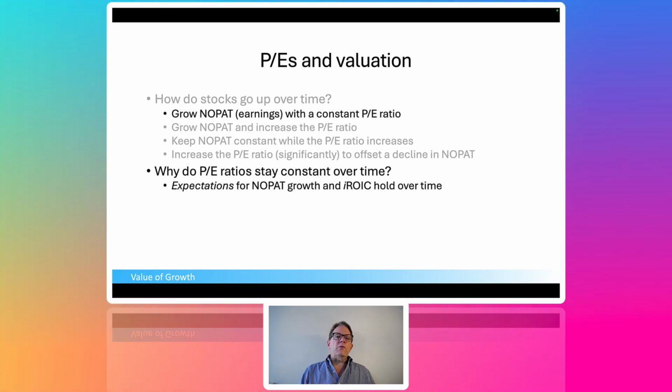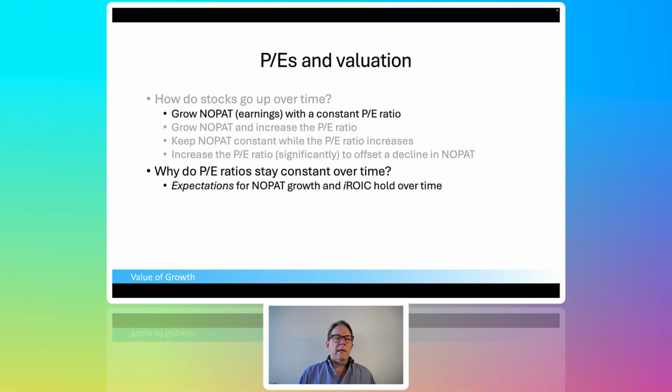All right, so the first one we talked about is grow NOPAT earnings with a constant PE. So it, I hope, begs the question, why do PE ratios stay constant over time? Now, here's the key insight: PEs will stay constant if expectations for NOPAT growth in the future and the incremental return on capital hold. If those two things hold, your PE will stay constant.